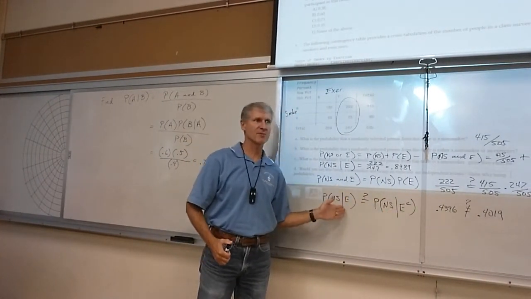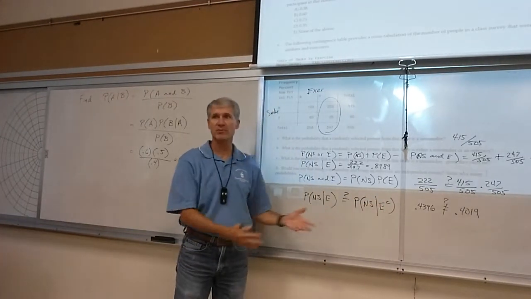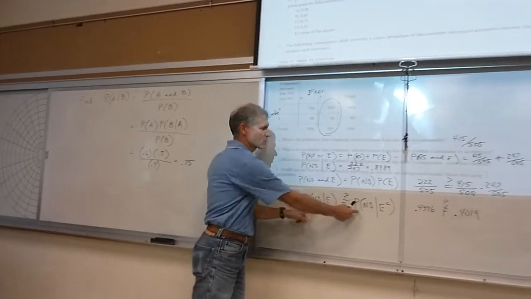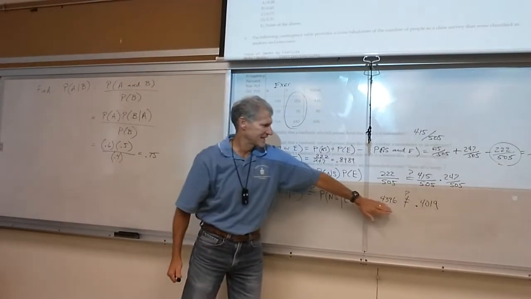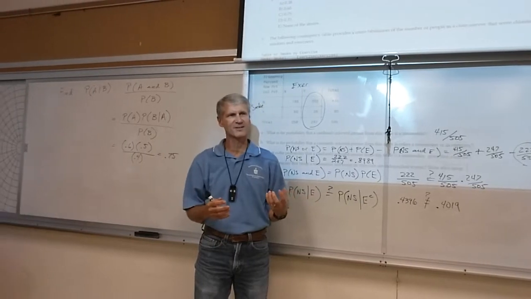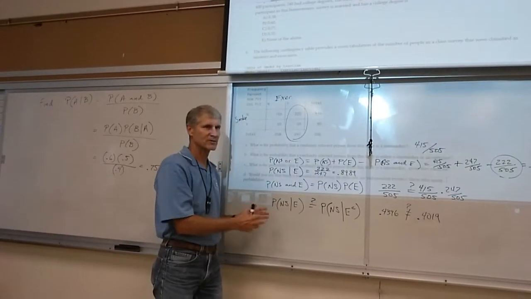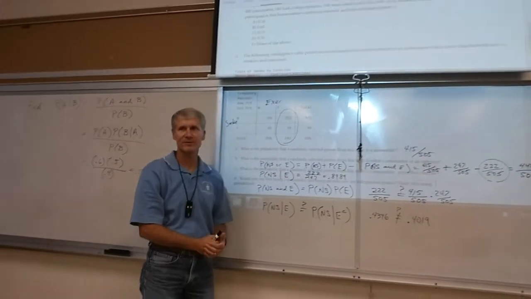So conditioning on them exercising or not exercising shouldn't change the probability if they were independent. So do these two. This will show differences bigger than this one will. So if you get to this one and you're not sure if that's far enough apart, so that's kind of in the gray area, do it this way and that'll answer the question. They'll either get closer together or they'll get further apart.